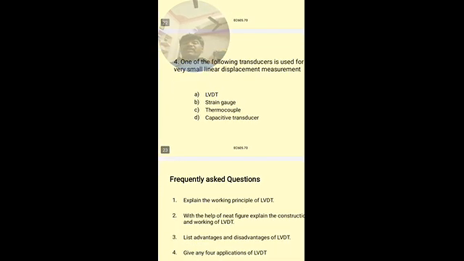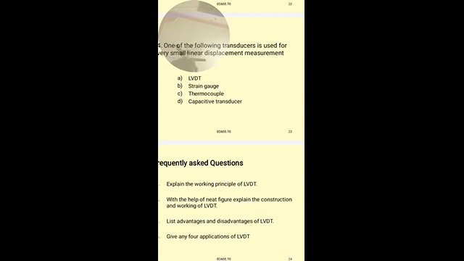These questions are frequently asked on this topic in examinations. Explain the working principle of LVDT. With the help of a neat figure, explain the construction and working of LVDT.